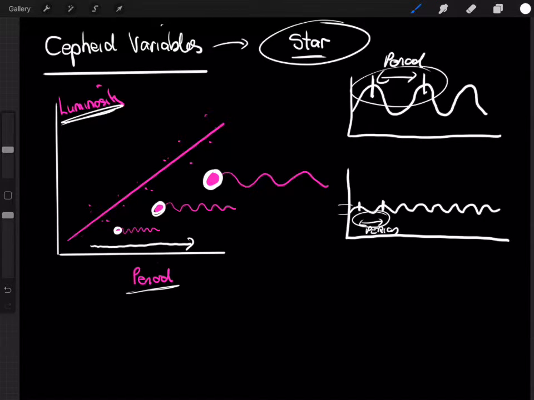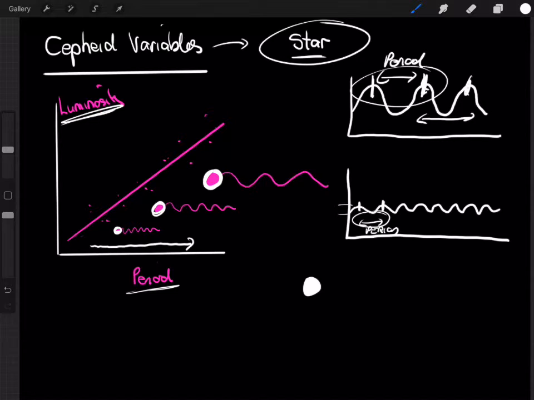In other words, the greater the time between bright peaks, the brighter the actual star is. That gave physicists a way of identifying a star and determining exactly how bright it was, in other words, how bright it actually would be if you were right next to it.